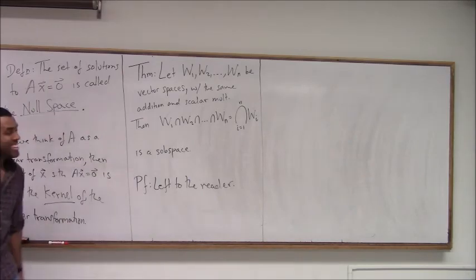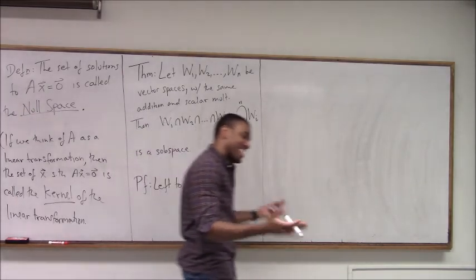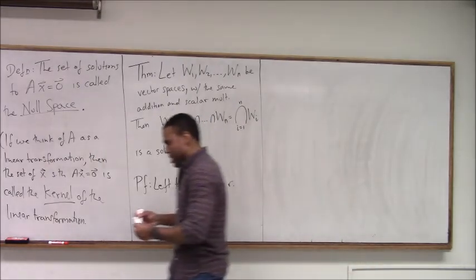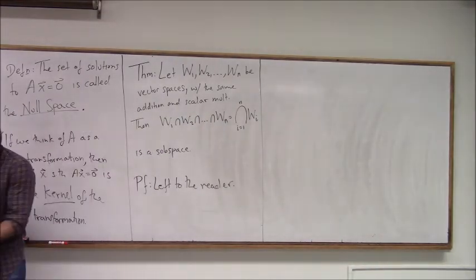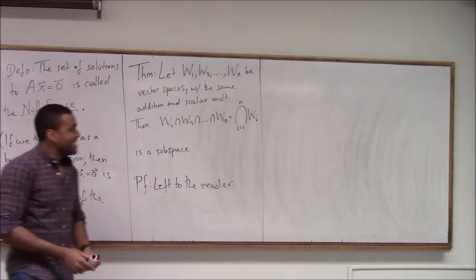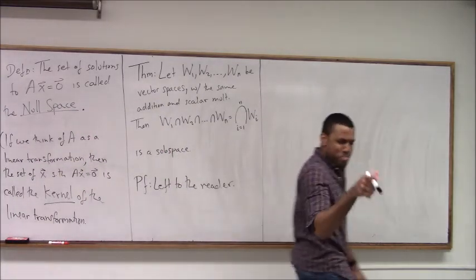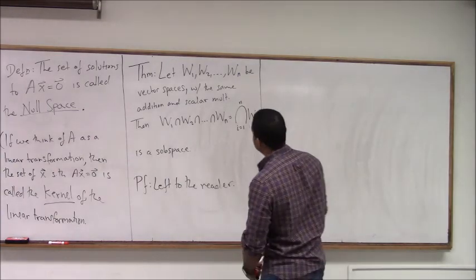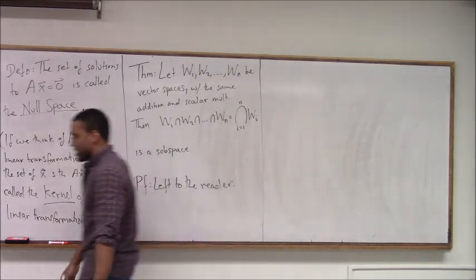Sure, but you can't leave it up to me. I want to know if you can do it. Oh yeah, this was proved in class, and they just move on. Okay. Proof left to you, Javon. You prove it. Come on. Okay. So it turns out the intersection is a subspace.